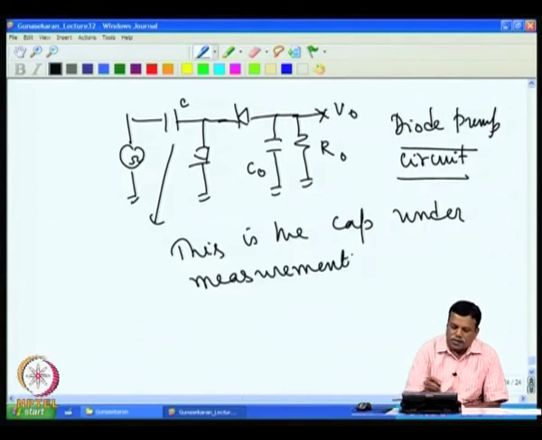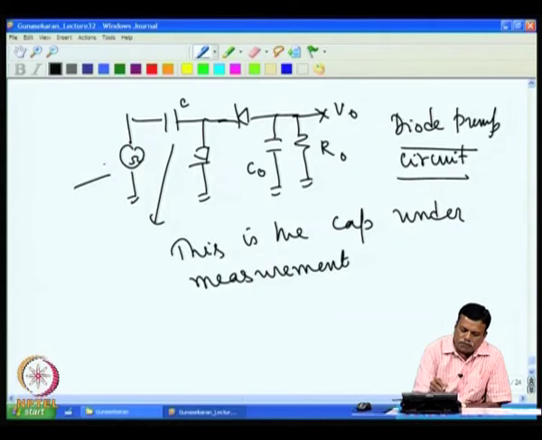Now, in this case, the square wave source of voltage V goes from 0 to say 5 volt or 15 volt.